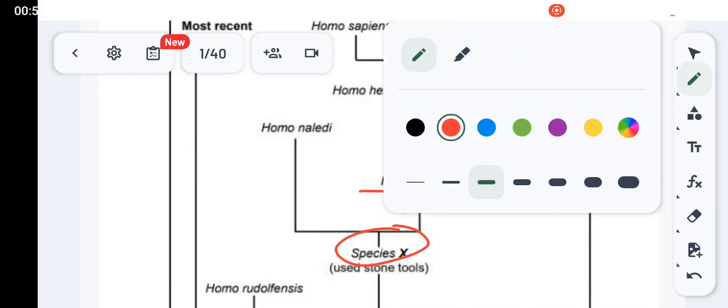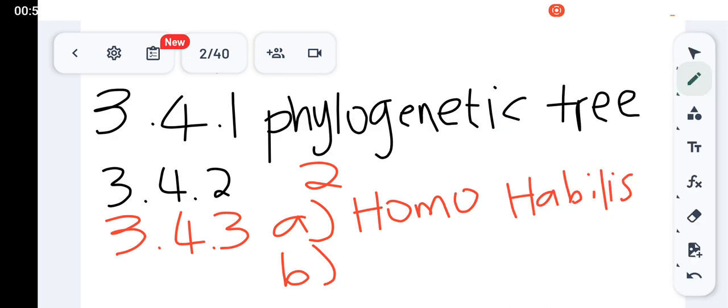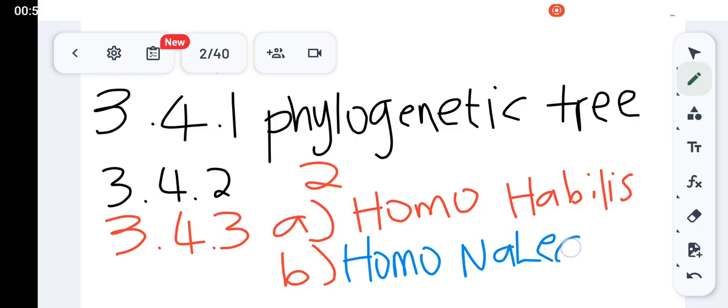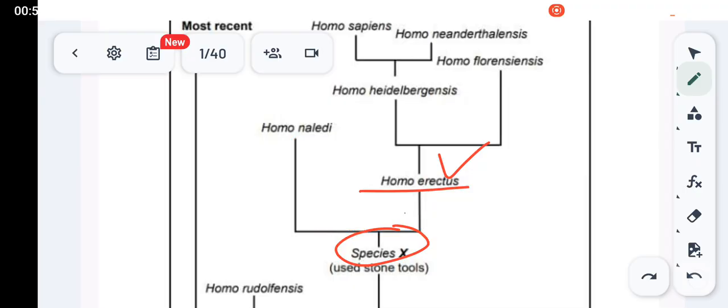Species X gave us Homo erectus and also Homo naledi. So Homo naledi and Homo erectus share a common ancestor, which is species X, that is Homo habilis. So the correct answer for B is Homo naledi. That is another species that shares a common ancestor with Homo erectus.